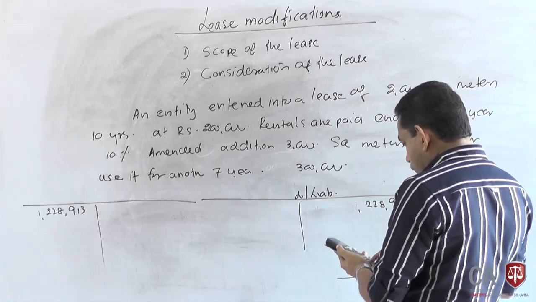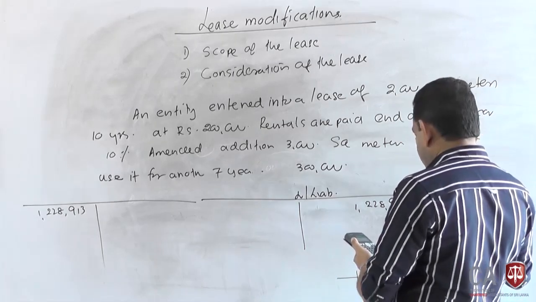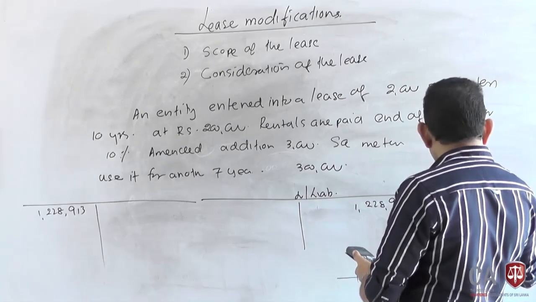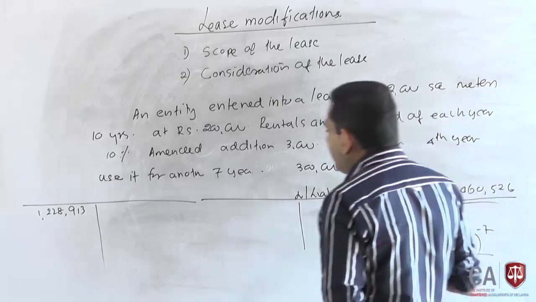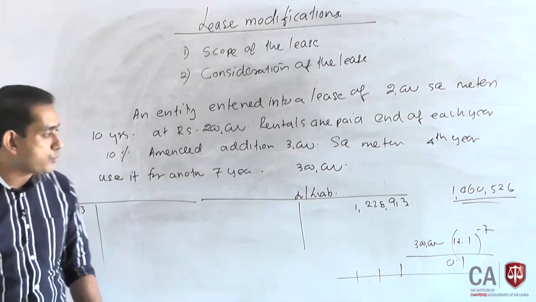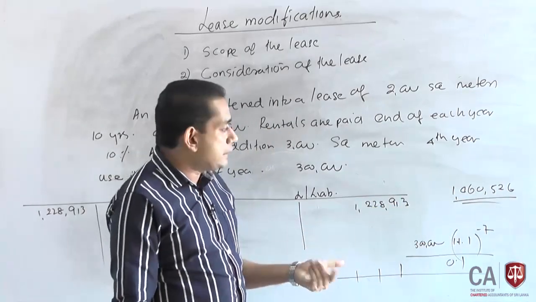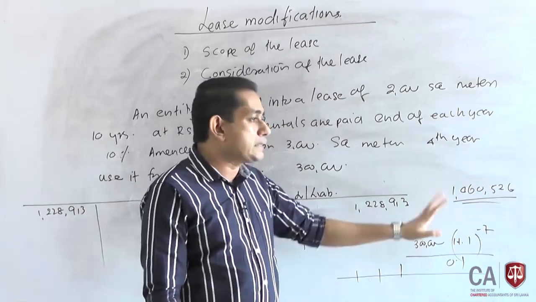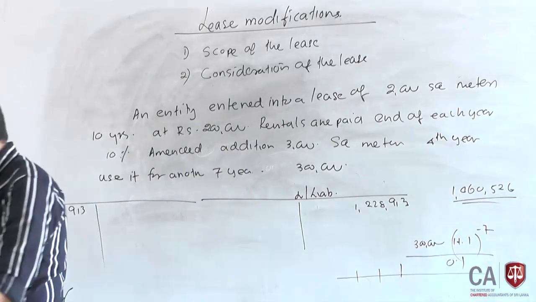It is going to be another 1,460,52526, and this has to be treated like a separate lease contract which is different from the first one. So, you again recognize another right of use asset and recognize a lease liability. You can open up another 2 accounts accordingly.